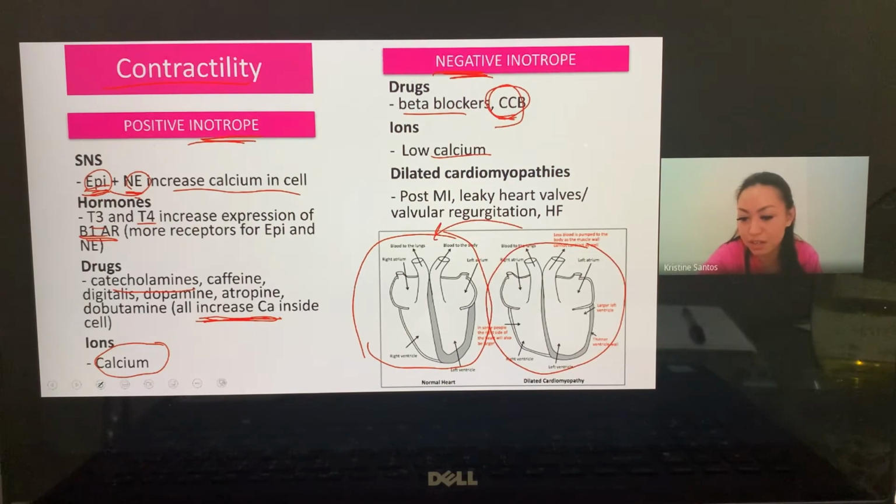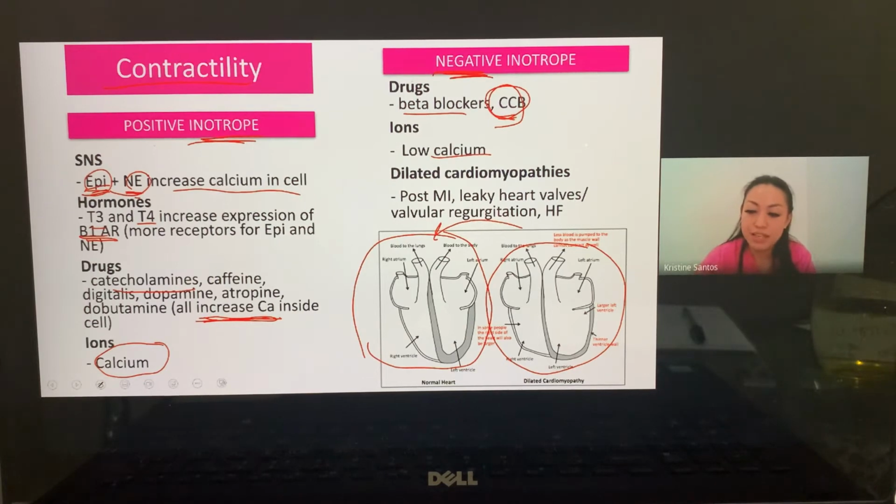You can't see where I'm pointing, but the heart on the right side is much bigger, and the ventricular wall is much thinner. If the ventricular wall is thin, it's not going to be as powerful, not going to be as strong, not going to be as contractile as the one on the left side, where we have a normal thickness myocardium.